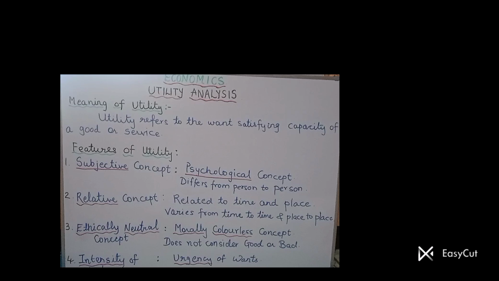Simple example: if a person is very thirsty, then from the first glass of water he will find higher utility. But if he keeps on drinking water, then slowly his utility from that water will keep on falling. I hope the point is clear. Intensity of wants means urgency of wants. Utility of a commodity depends on intensity of wants.